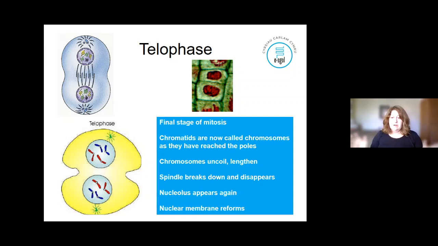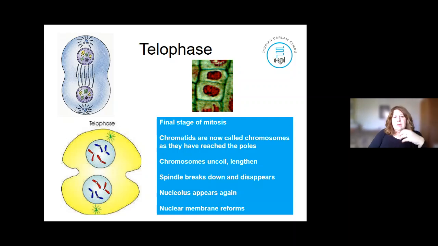They'll get very long and thin again, and you won't be able to see them in the detail that we've seen before. The spindle will have broken down and disappeared, and again the nuclear membrane will begin to form around the chromosomes, and a nucleolus will again become apparent. Okay, so that's telophase.